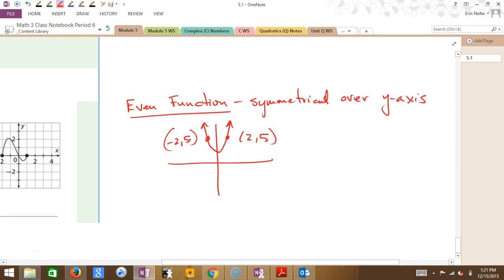So if we were going to write some notation for this, that would mean if I have a negative x value, it would be the same as if I have a positive x value. See how they both come out to 5, the 5 stays the same? It doesn't matter if the x values are both negative or positive, the y value comes out the same.